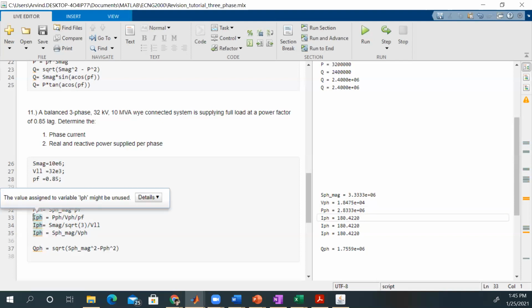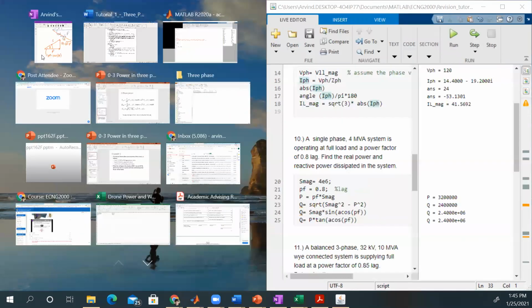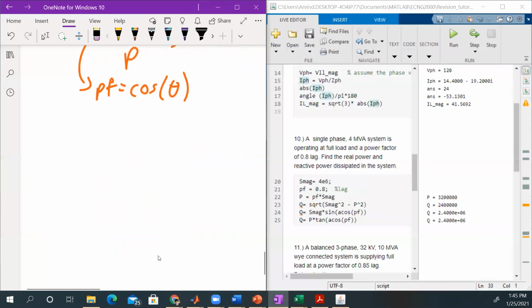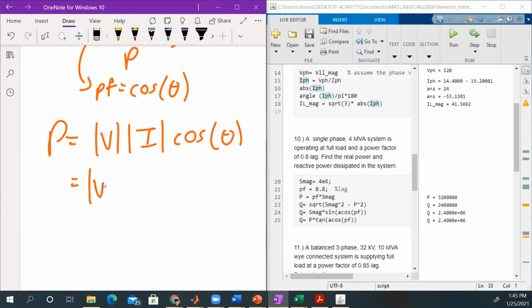So if I rearrange that, I have P is equal to V I cosine theta, which is equal to V phase, I phase, by the power factor.